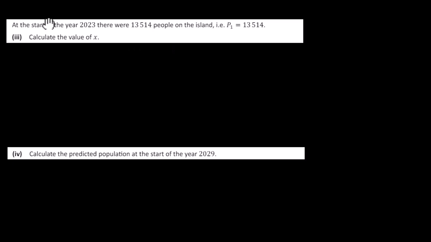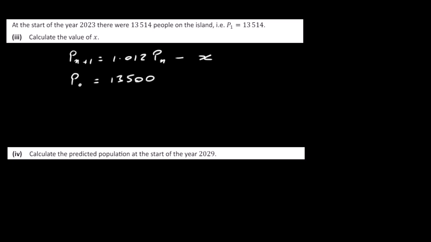Okay, so let's just write down our equation again. So we've got Pn plus 1 is equal to 1.012 times Pn minus x. So we know that P0 is equal to 13,500.